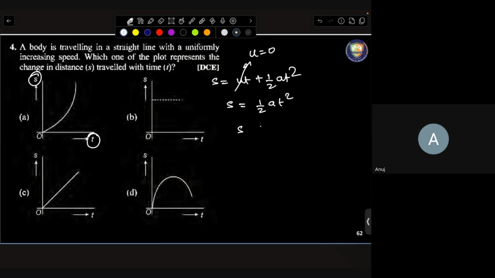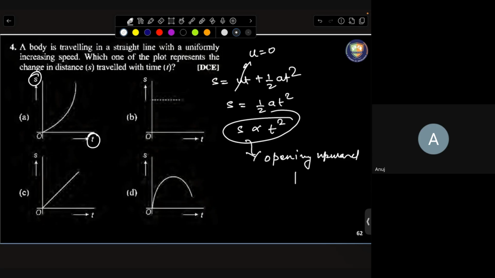At constant acceleration, S is directly proportional to t square. So it is a graph for an opening upward parabola, which is this one. Okay, I hope you got this answer also.